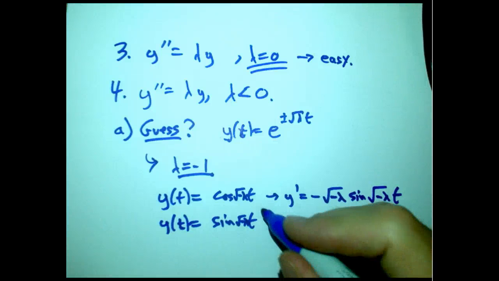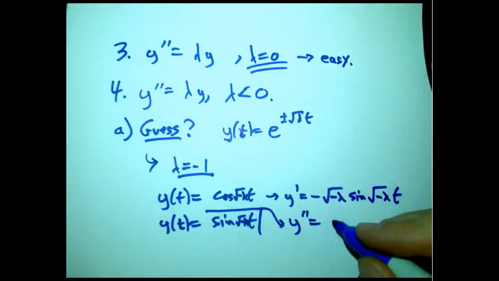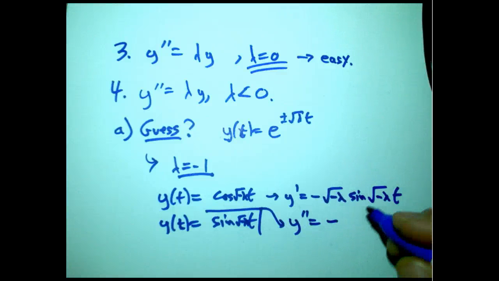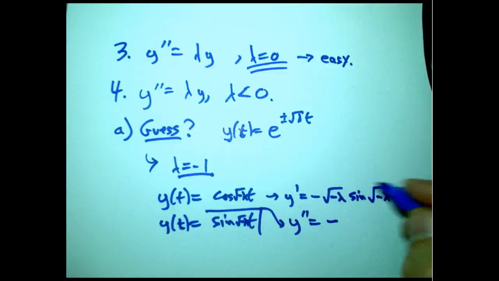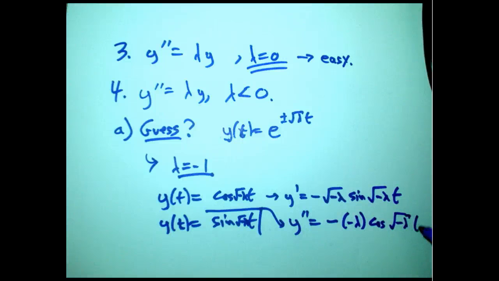And y double prime, still working for the cosine, is minus root minus lambda squared. If I multiply that by itself, you get minus a minus lambda cosine root minus lambda t. And indeed, that's what we wanted. That's just lambda times y.